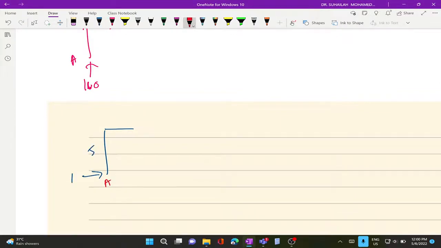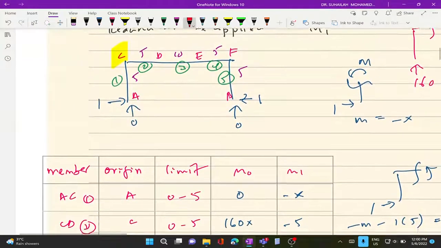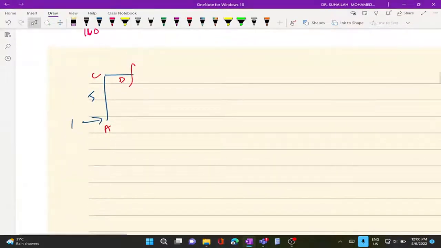This is A, C, D. So the moment is like this. M minus 1 times 5. So still we get M is equal to negative 5.